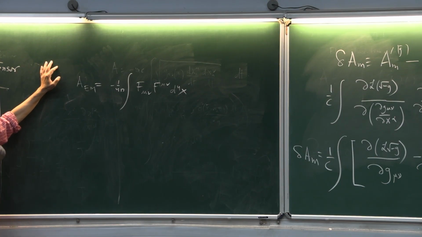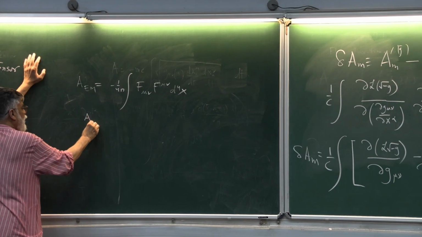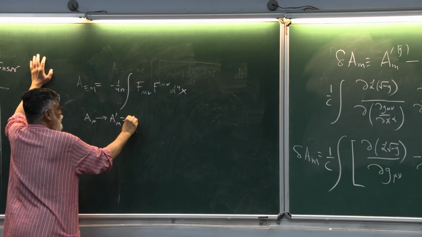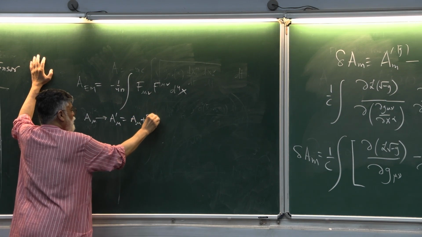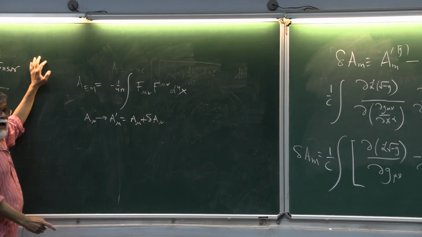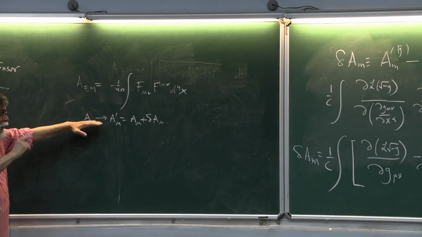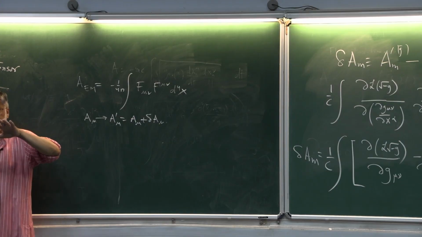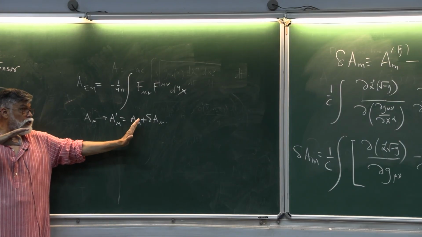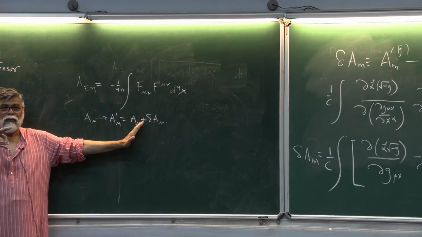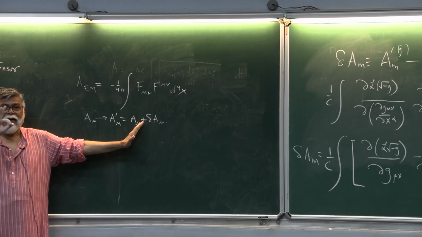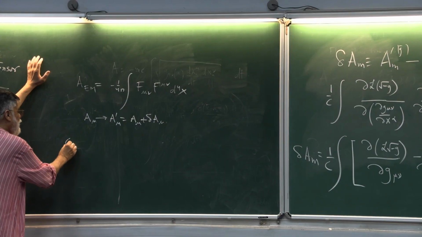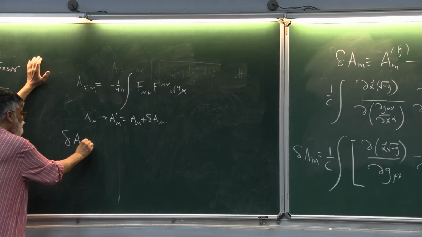We say make the variation A mu going to A prime mu equals A mu plus delta of A mu, and demand that under infinitesimal arbitrary variation of A mu, if the electromagnetic fields were evolving according to true solutions A mu, then delta of A_EM must be 0.